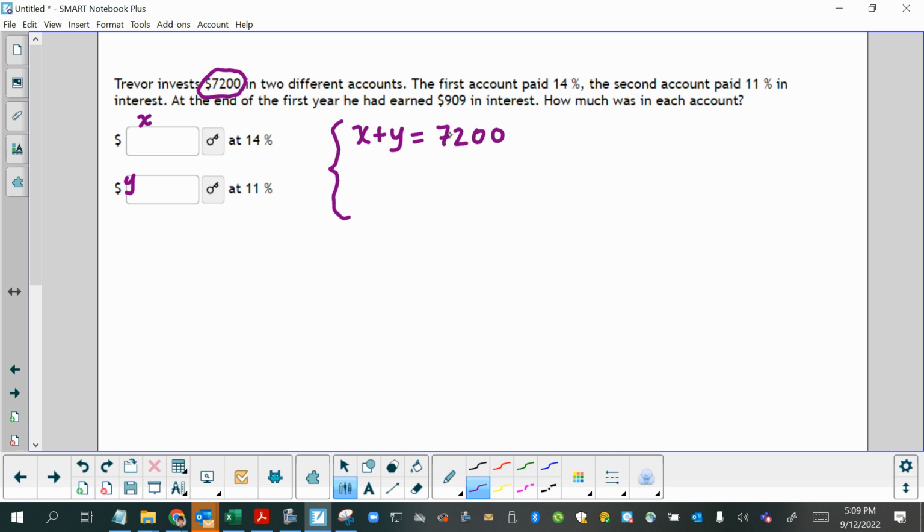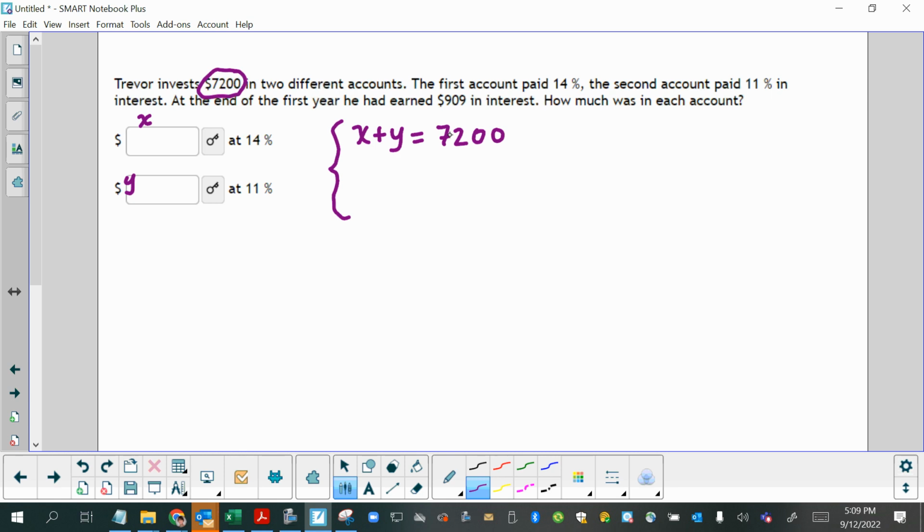Next, I will try to find a way to make another equation involving X and Y. So I'm going to read this again. It said the first account paid 14%, the second account paid 11%, and at the end of the first year, he had a total of $909 in interest.